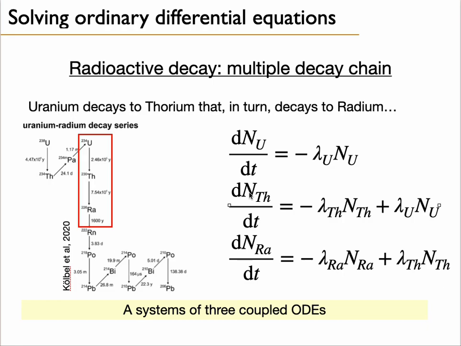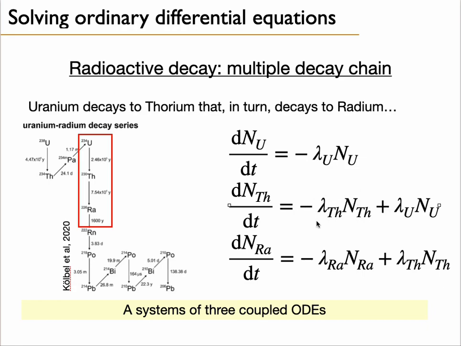Then we have the quantity of thorium, and the quantity of thorium decays to radium, but it will also be produced by the decomposition or the decay of uranium. So we have a positive source term, which is basically coming from there with a plus sign. So what decays from uranium is converted to thorium. There's a source term here.